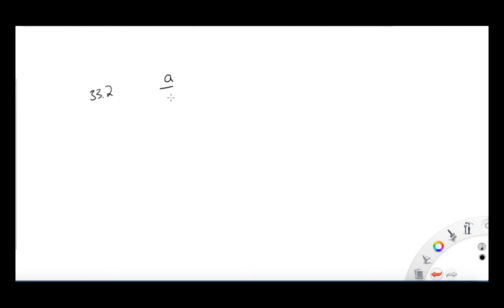So we have a over x plus y plus m over y, all over x over a plus m. All right, this one's a little bit more complicated because you see something here. And what we're going to have to do is, again, find a common denominator.